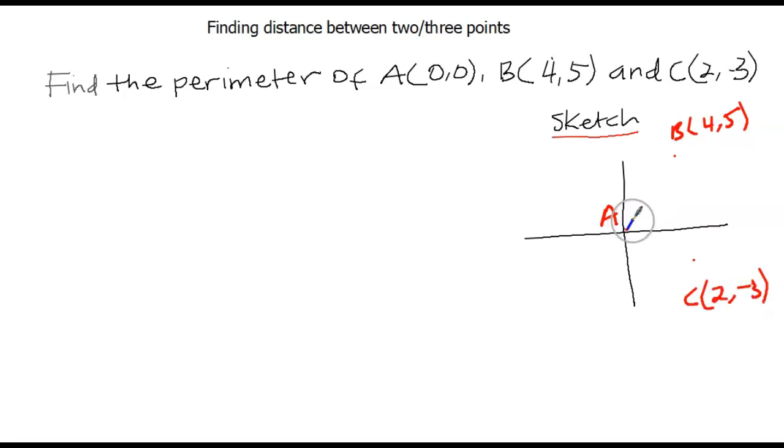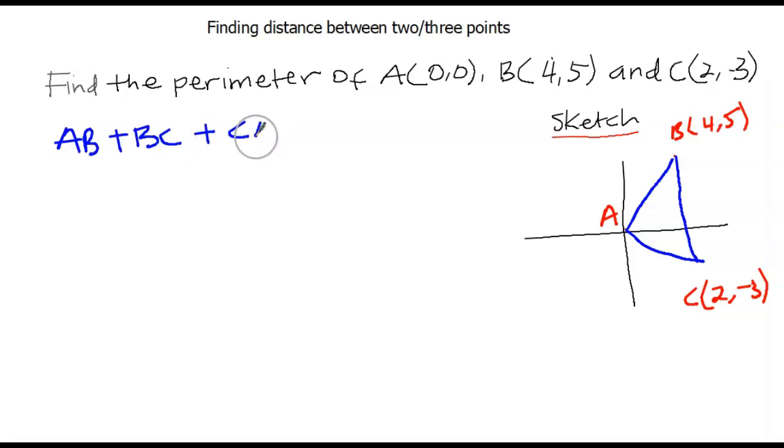So all that we are doing, if we connect it, we need the distance here, here, here. So for us to find this, we need the distance of AB plus BC plus CA. This will give us the perimeter.